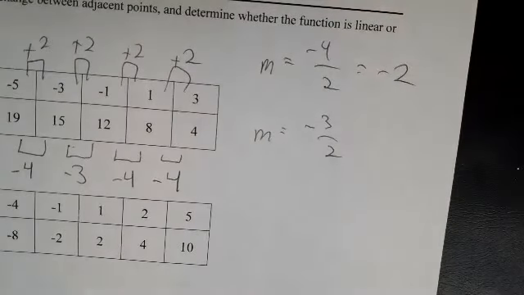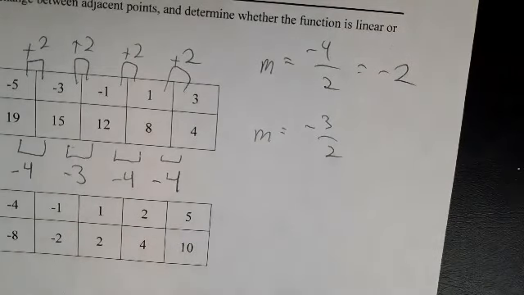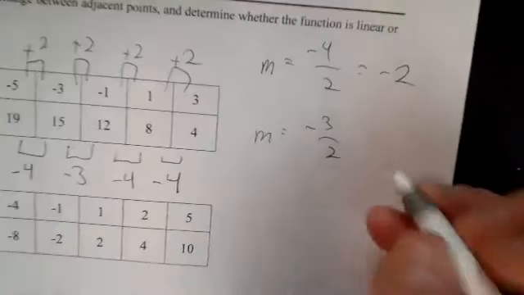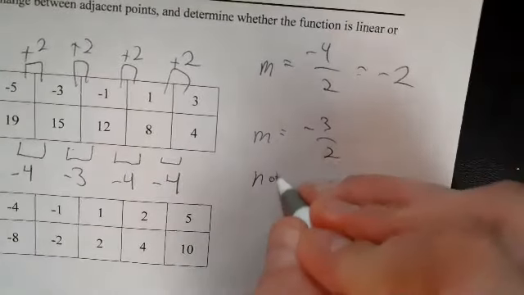Minus 4 over 2 is the same as minus 2 over 1, or a slope of minus 2. This is like a minus 1.5, right? So those two are not the same numbers, and if they're not the same, this does not have a constant rate of change. This is not linear.